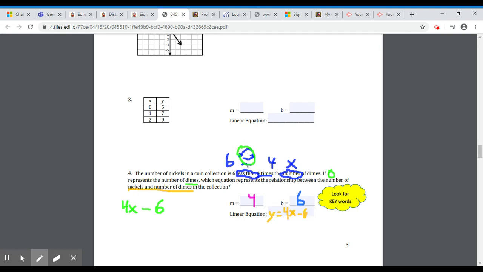Minus, add, divide, multiply. Then read it again, and now start writing it out over the words. Once you do that, then you can come back over here and write it out as it should be. And from there, you'll be able to identify your slope and your y-intercept.